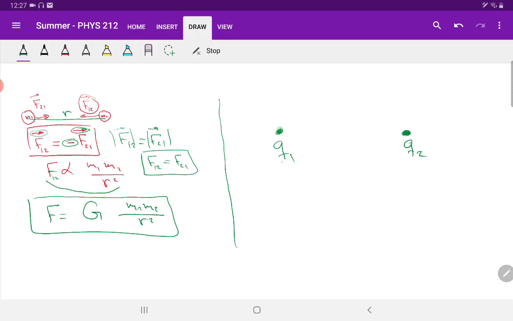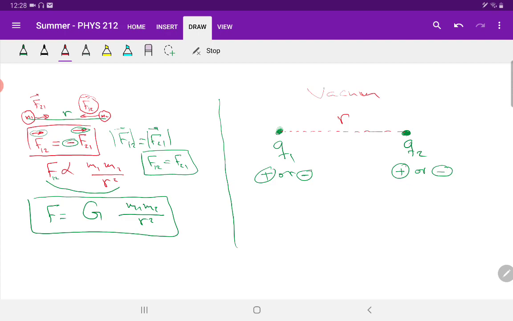Now Q1 could be positive or negative, and Q2 could be positive or negative. Let's not worry about the sign at this moment. Let's talk about the magnitude. We'll talk about the direction in a moment. We define the distance between these two as r, and we will assume that the space between them is vacuum.